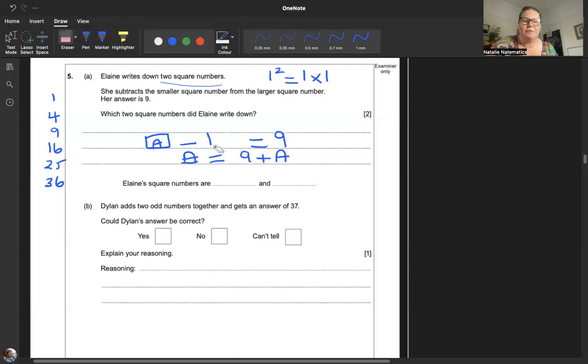I know what I was going to do. I'm trying to think of a way to illustrate it in the best way that I can to help you. So this one here is just looking at the difference between the 2 numbers.